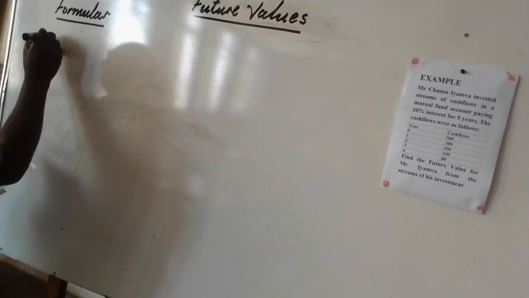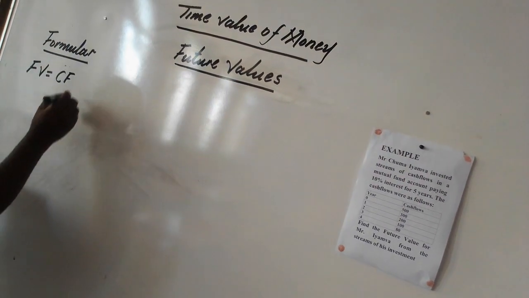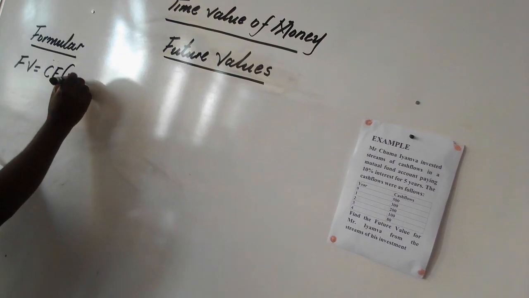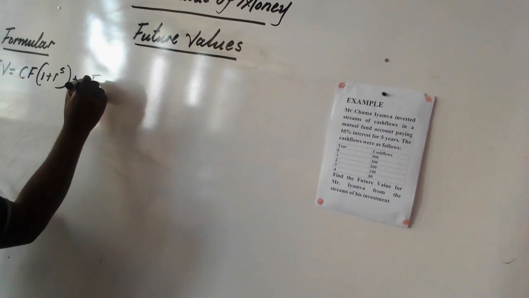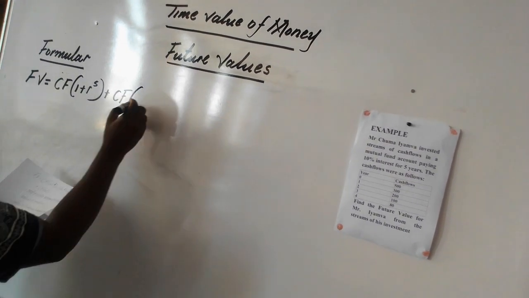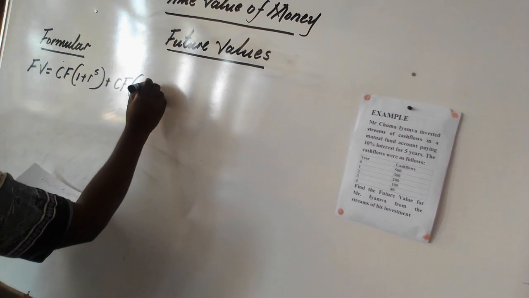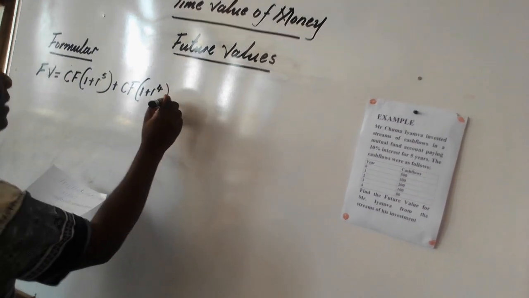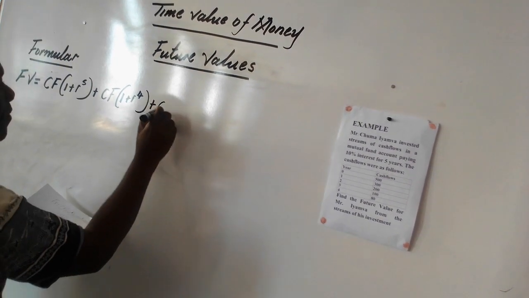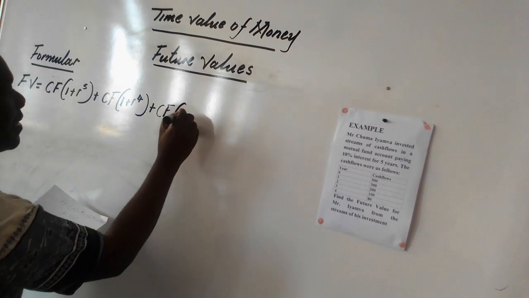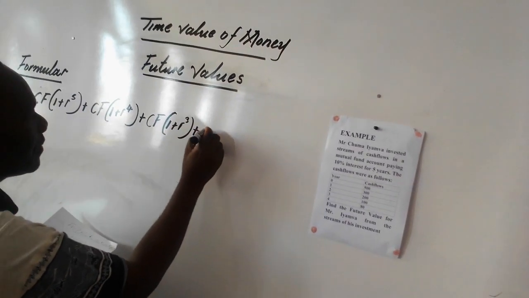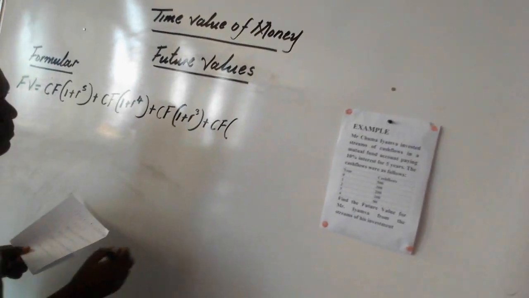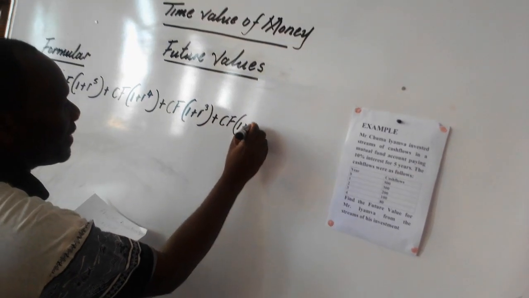FV, which is future value, equals cash flow times (1 plus rate) power 5, plus cash flow times (1 plus rate) power 4, then another cash flow times (1 plus rate) power 3, plus cash flow times (1 plus rate) power 2.